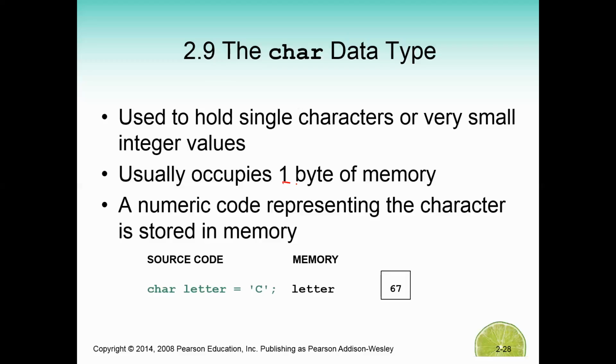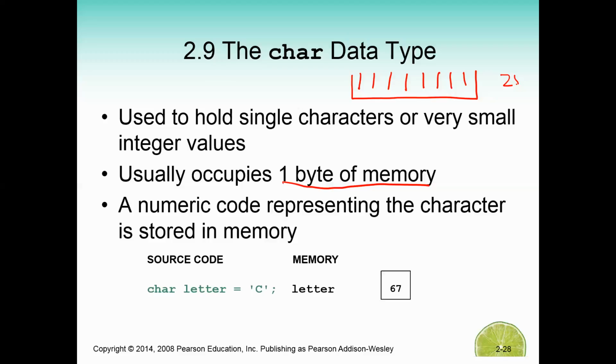1 byte of memory. So that means if I have 1 byte, how many bits do I have? 8. So I have 1, 2, 3, 4, 5, 6, 7, 8. If all of them are on, this will be a value of 255, right?